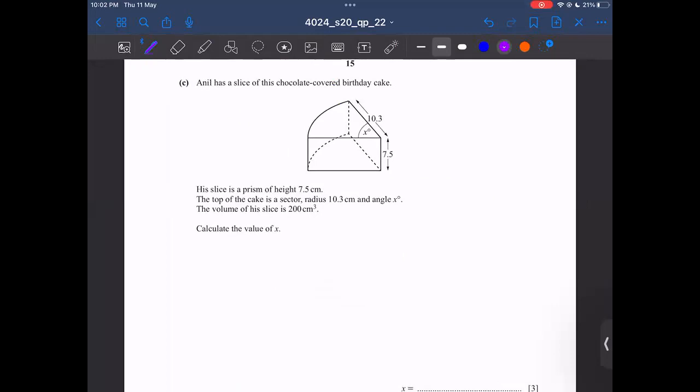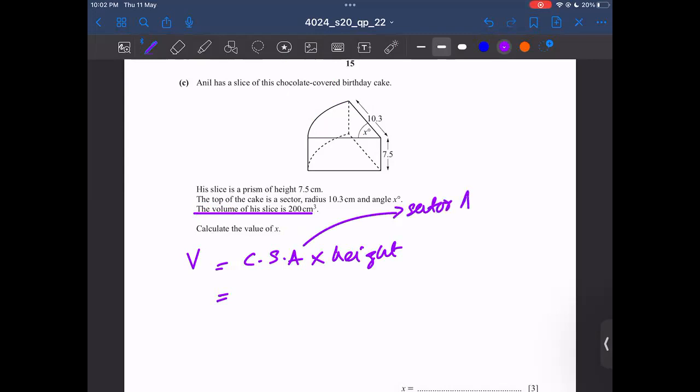Okay. Since the volume of the slice is given, we have got the hint over here. What we know is that when we have a prism, the constant cross section area is the sector. This sector is the cross section area which is constant throughout. So the volume of the prism is cross section area into height. The cross section area is basically the sector area that is on the top.